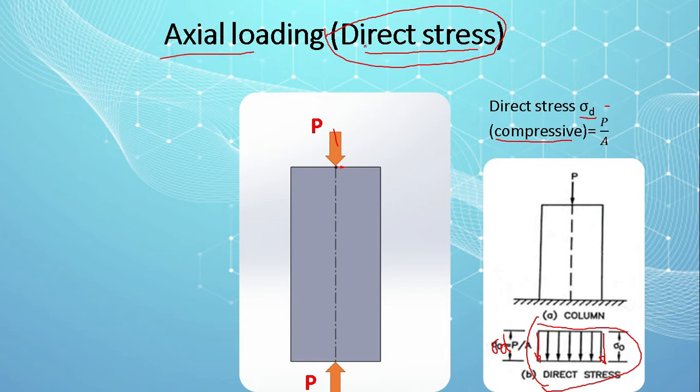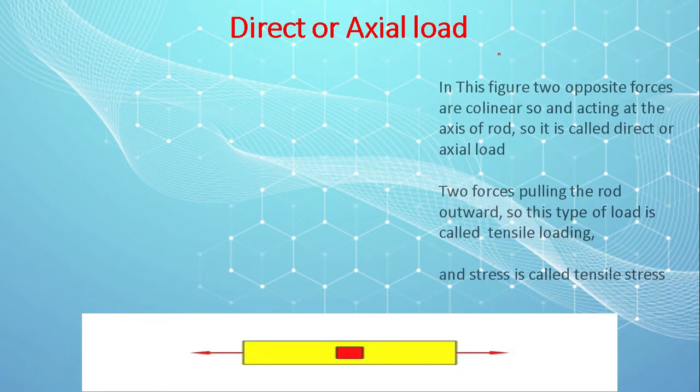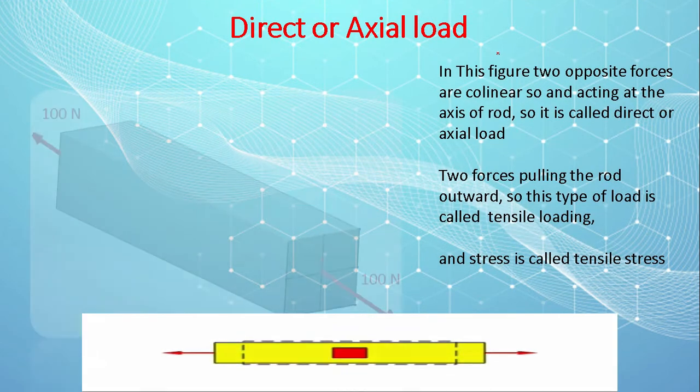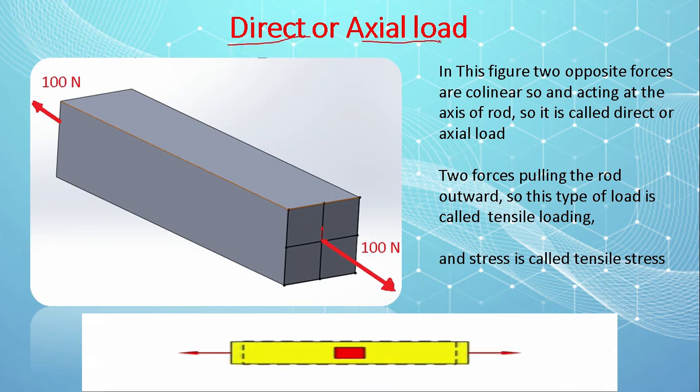This is the axial loading, and the stress generated in axial loading is called direct stress. This is also an example of direct or axial loading.